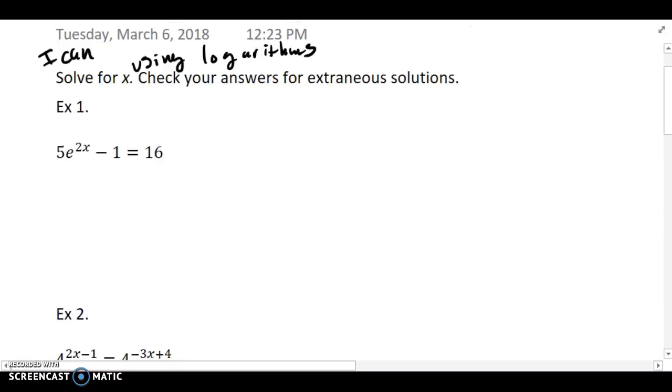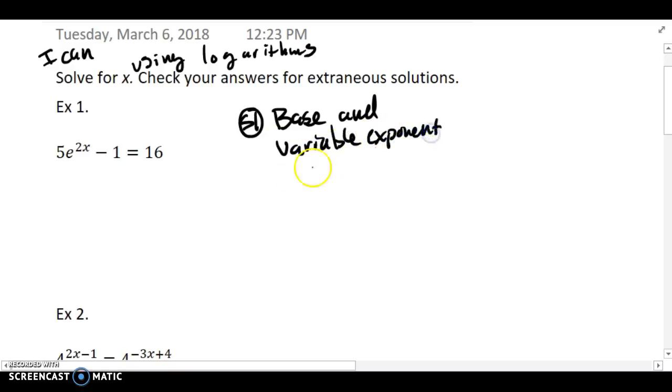Like in example 1, step 1, we need to isolate the base with its variable exponent alone. So what that means is this -1 and this 5 need to come off because our base is right here with that power.